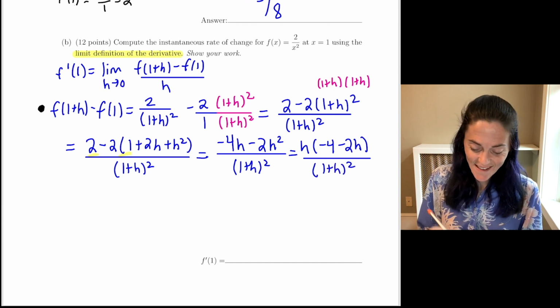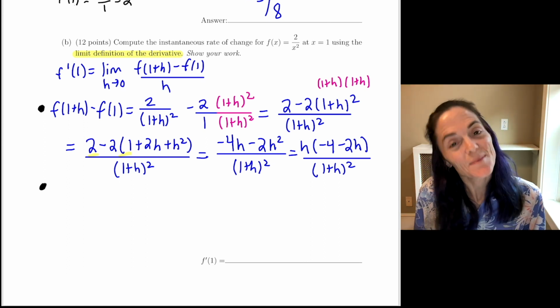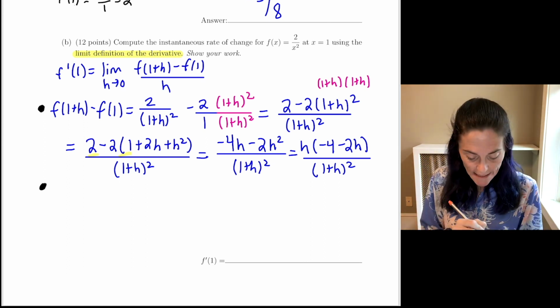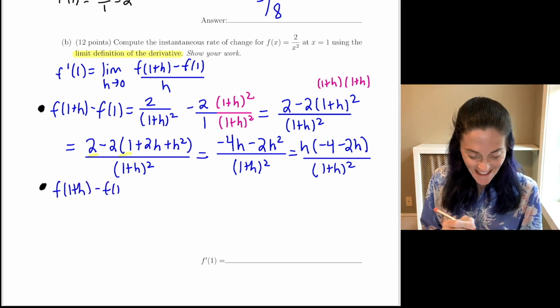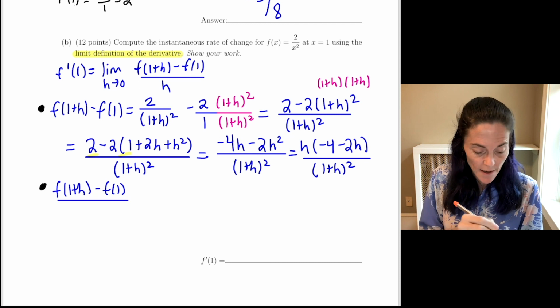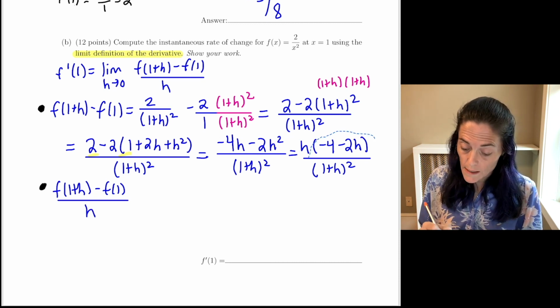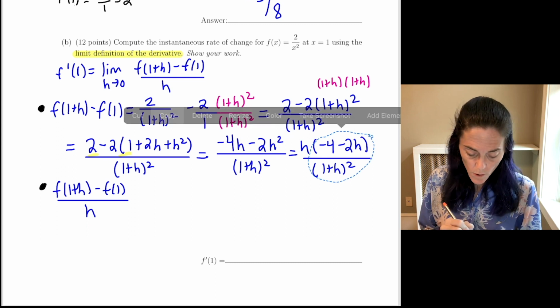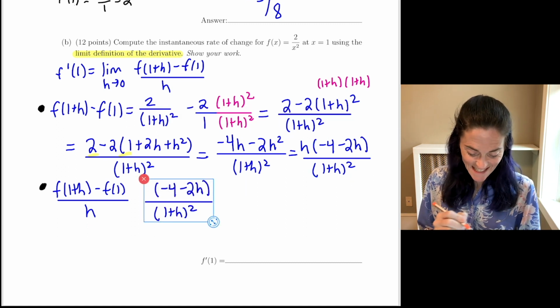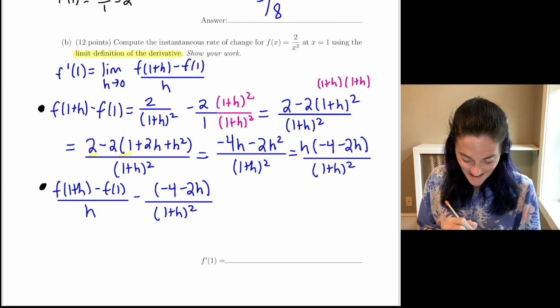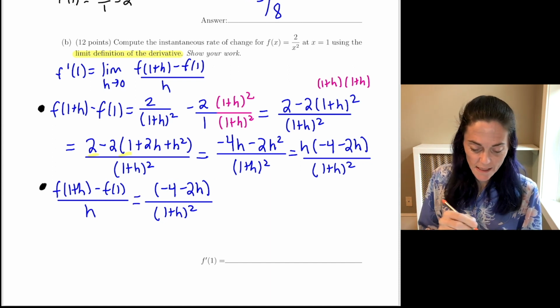So, next bullet. We want f of 1 plus h minus f of 1 divided by h. And all that happens, you see, we can copy and paste, is h over h is 1. So when we copy, it's this, except I don't need these parentheses.